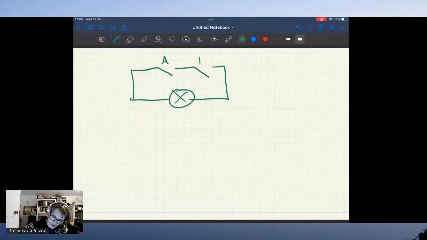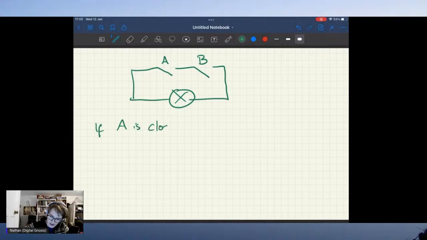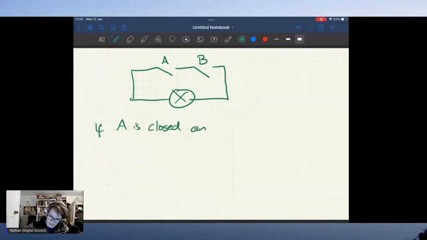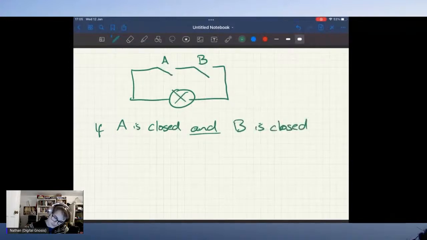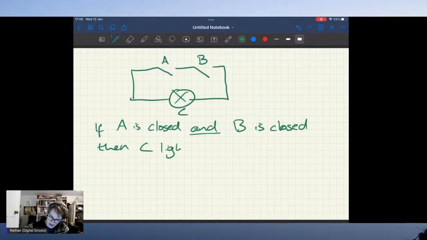Switch A and switch B. So you've got, if A is closed and B is closed, then C lights up.